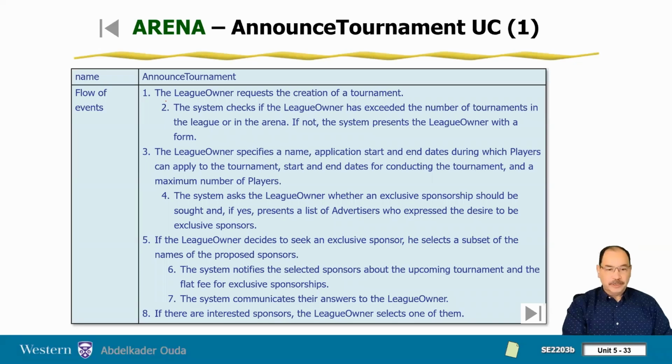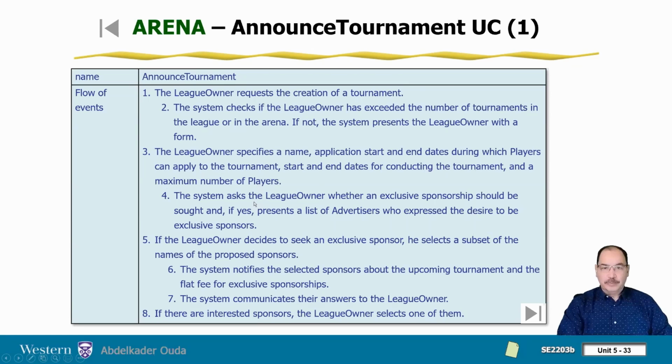So the use case says here, the league owner requests the creation of tournaments from the system, and then the system checks if the league owner has exceeded the number of tournaments in the league or in the arena. If not, the system presents the league owner with a form. The league owner specifies the name of the tournament, application start and end date during which players can apply for the tournament, start and end date of conducting the tournament, and the maximum number of players.